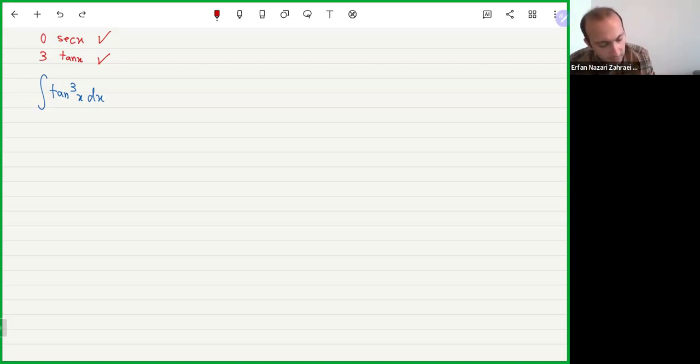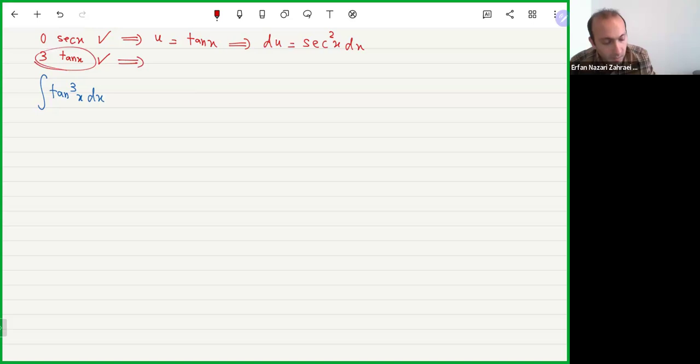Okay, let's do one of them now. So let's look at du first. For this one, I should do the u substitution, the other one. So when the number of secant is good, the substitution should be u equals tangent, and du is secant squared dx.